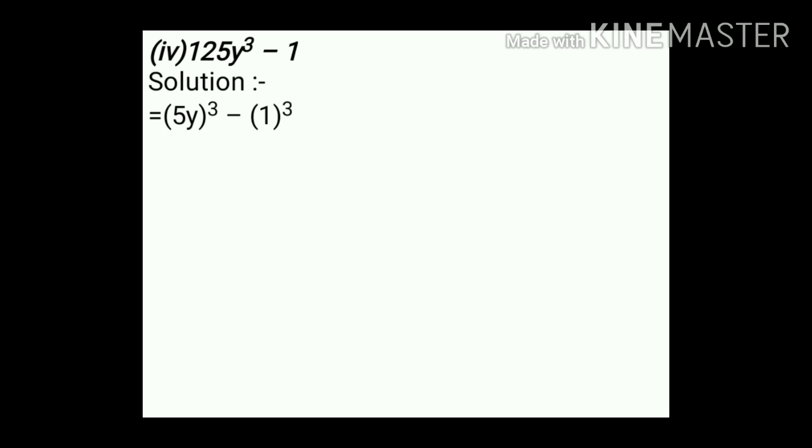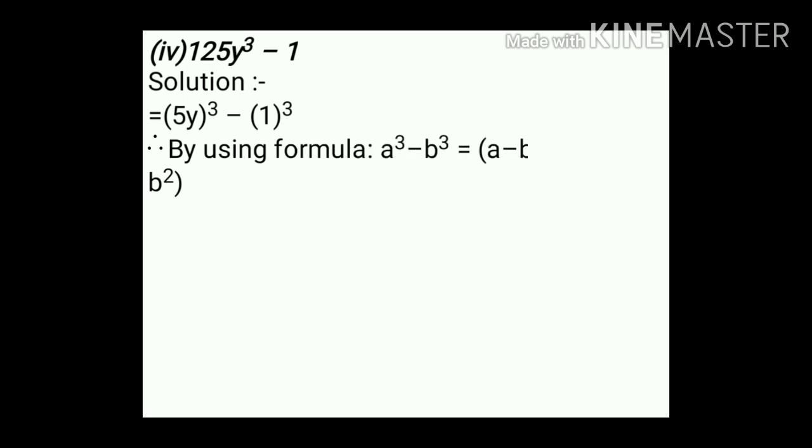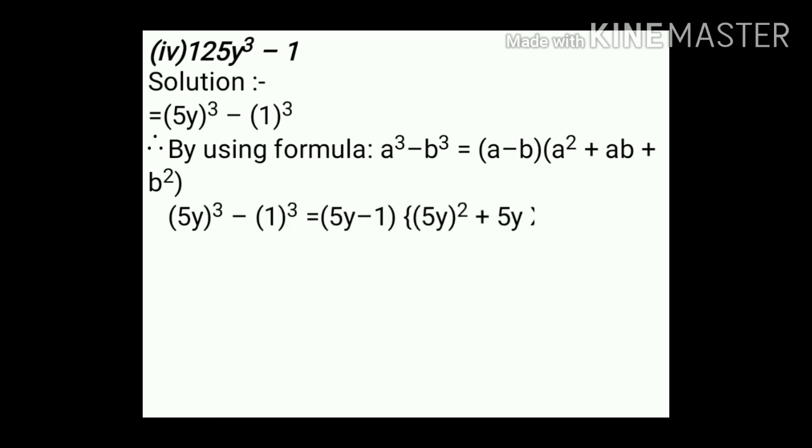Therefore, by using the formula a cube minus b cube equals (a minus b)(a square plus ab plus b square), (5y)^3 minus (1)^3 equals (5y minus 1)((5y)^2 plus 5y into 1 plus (1)^2).